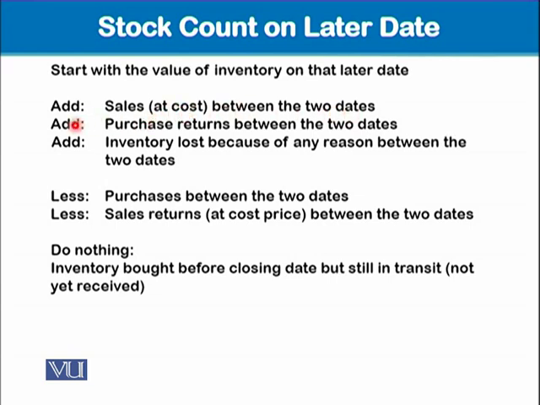In the same way, we will add purchase returns that happened between those two dates. We will also add inventory that has been lost for any reason between these two dates. And if we have made some purchases between those two dates, that would be subtracted.